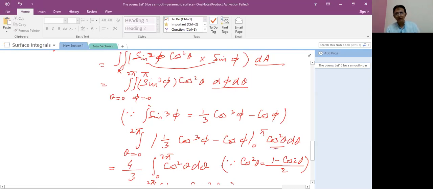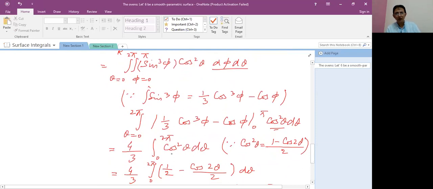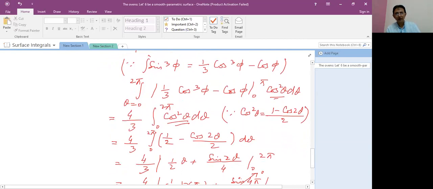In the next step, we will find the integral with respect to theta. But before we integrate, as you know, cos square theta is equal to 1 plus cos 2 theta upon 2. After that, we substitute this value of cos square theta, separate the terms, multiply by d theta, and then integrate.